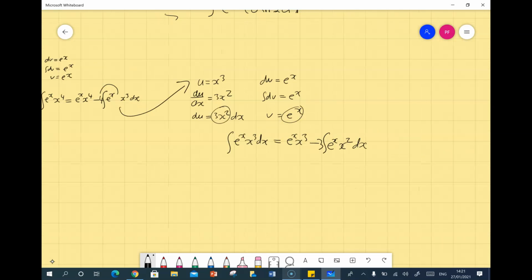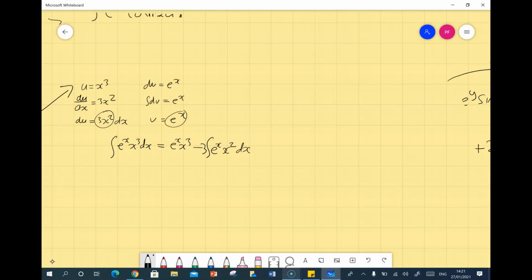Okay, and we're still going. So we've got this one here. It also needs to be integrated by parts. So u is equal to x squared, du dx is equal to 2x, so du is equal to 2x dx. dv is equal to e to the power of x, so the integral of dv is e to the power of x, so v is equal to e to the power of x.